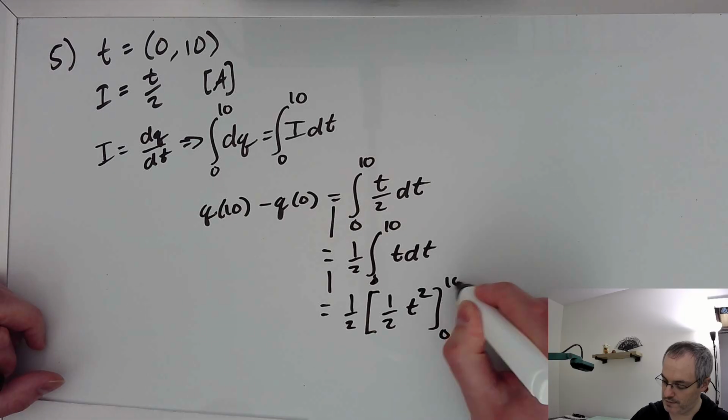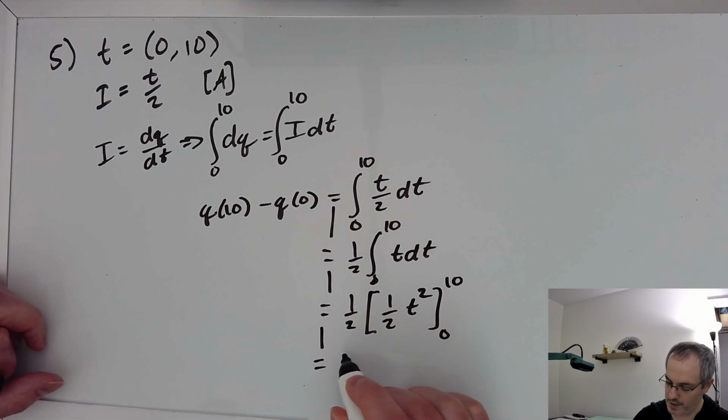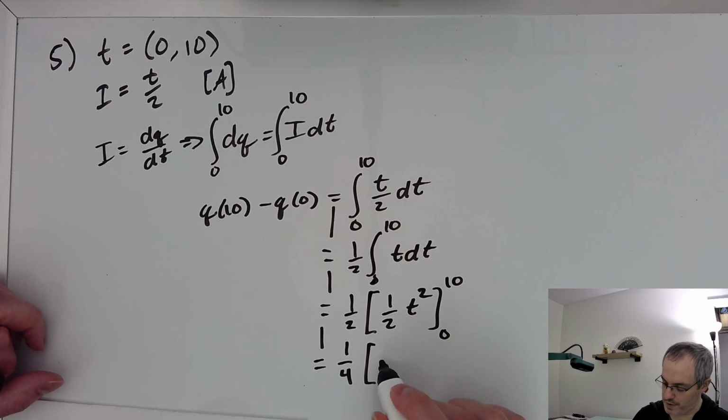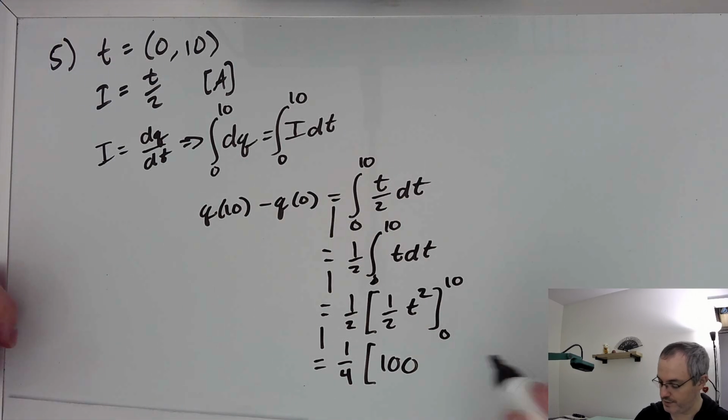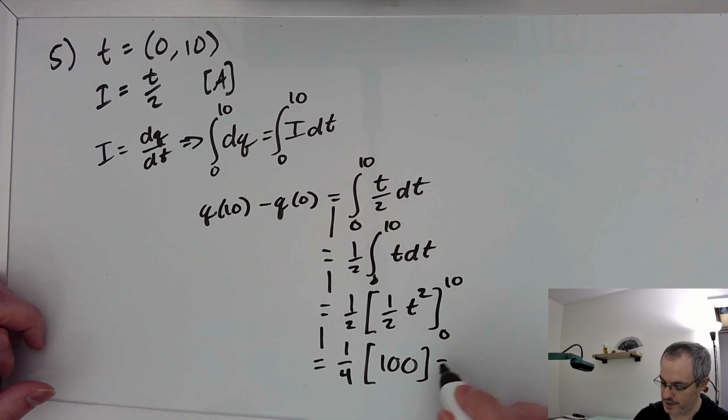That's from 0 to 10. So this is 1/4 times t squared, which will be 100 when you put the 10 in, and 0 when you put the 0 in. So that is 25.